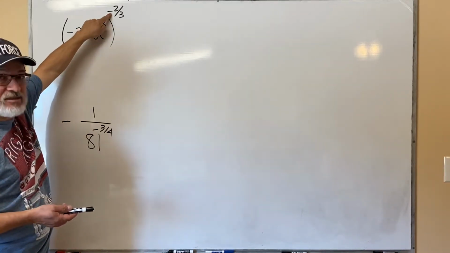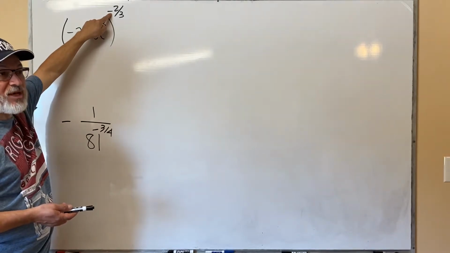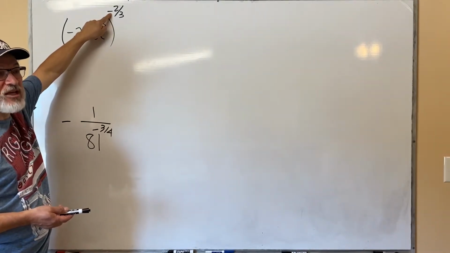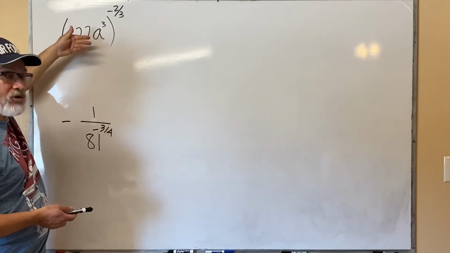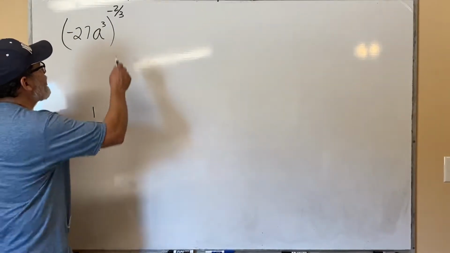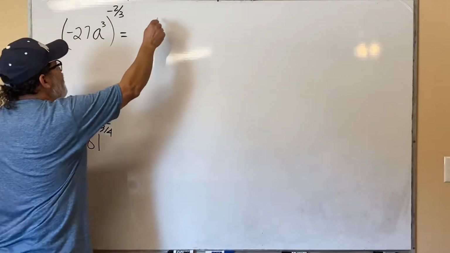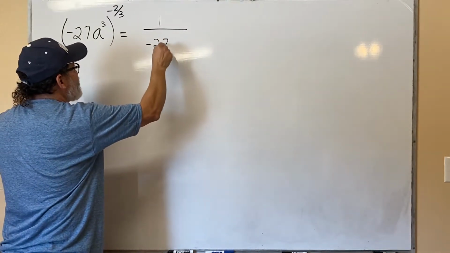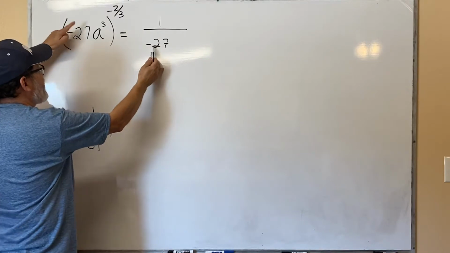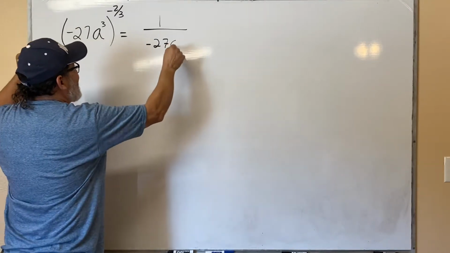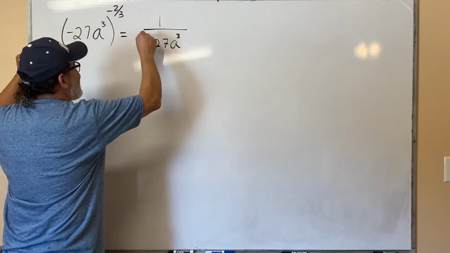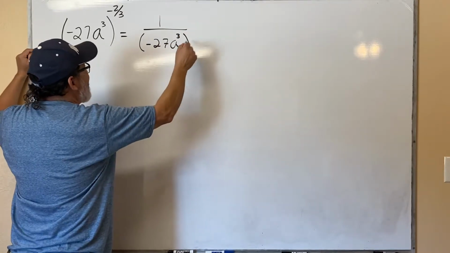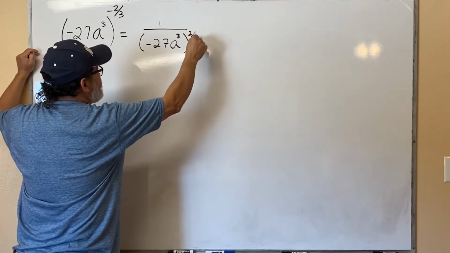This one does, okay? So we're gonna change this negative to positive by taking the reciprocal. So this becomes 1 over negative 27 a to the third. Note the negative remains because I'm just bringing it down. And this is raised to the 2/3.